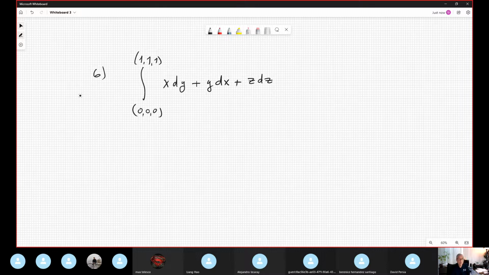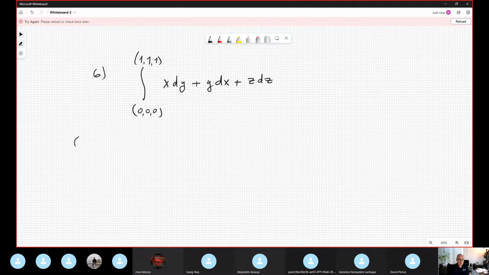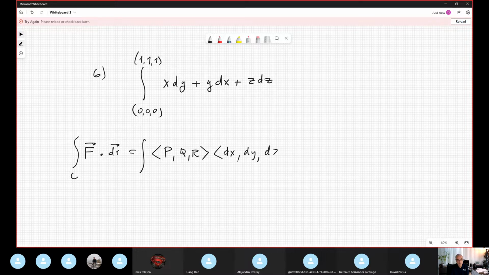Okay, entonces now I suppose that this integral comes from the dot product of one hypothetical vector field with dr. This hypothetical vector field has the components P, Q, R, multiplied by the arc, which is dx, comma dy, comma dz.